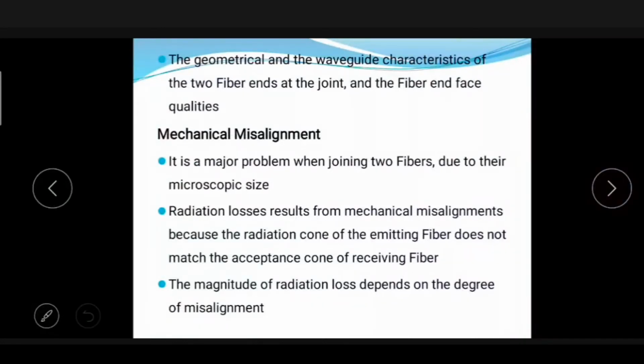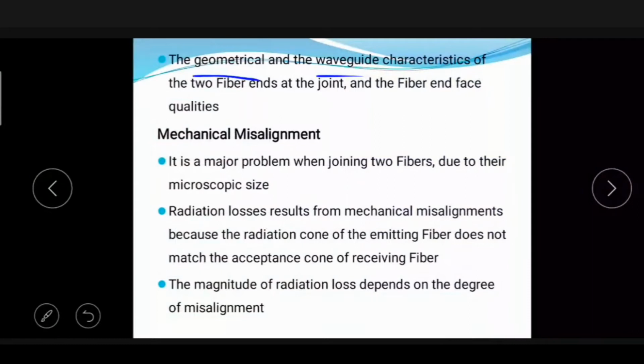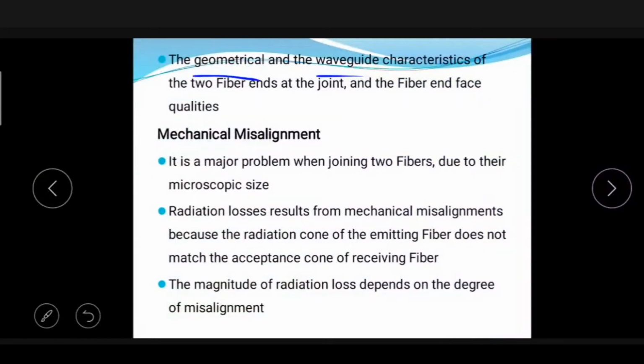One more very important concept is required. Whenever you try to join optical fibers, the physical structure of the fiber should also be proper. It means that both the fibers you use for joining should be ideal in terms of their geometrical and waveguide characteristics. Geometrical means the physical structure of the fiber, which includes the core and the cladding surfaces.